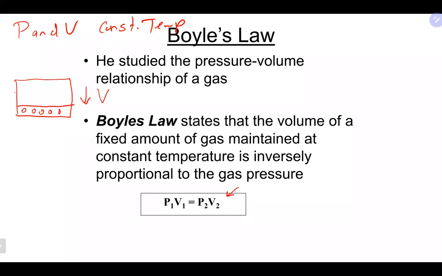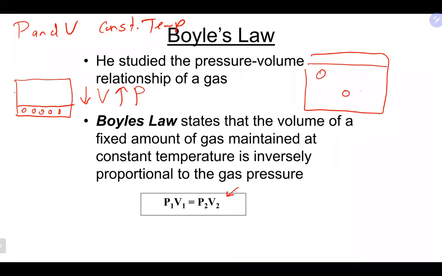Would I expect more or fewer collisions to occur? Everybody's in a really small place. There's a pretty good chance people are going to start bumping into each other, right? A little bit more. We would expect an increase in collisions, and we would also expect an increase in pressure to occur, right?